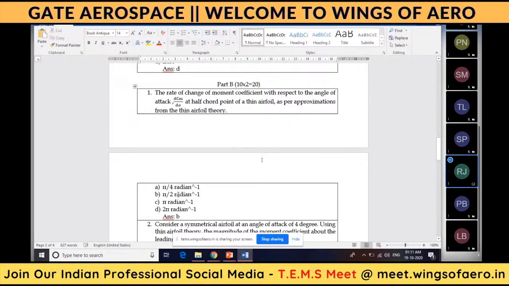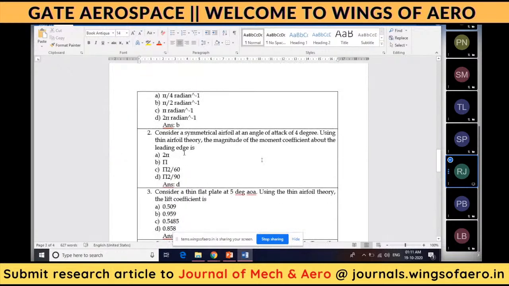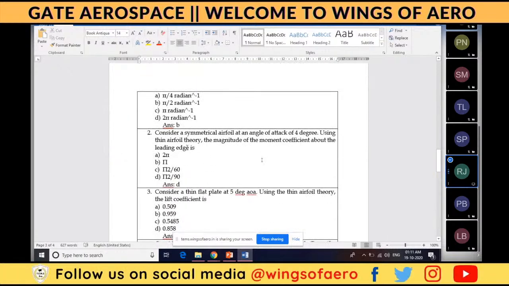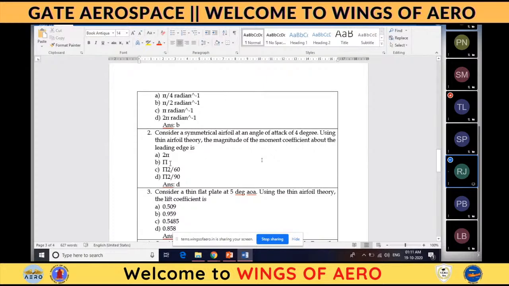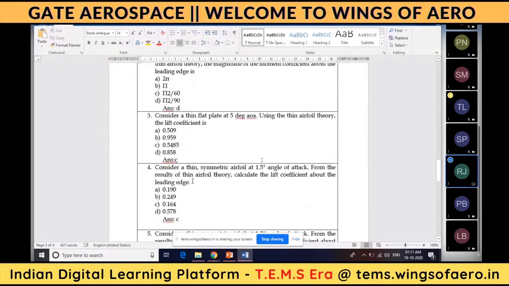The answer is pi by 2 radians raised to -1. And also here, this symmetrical aerofoil, the same we have solved. That is, consider a symmetrical aerofoil at an angle of attack of 4 degrees using thin aerofoil theory. The magnitude of moment coefficient about the leading edge is pi square by 90.